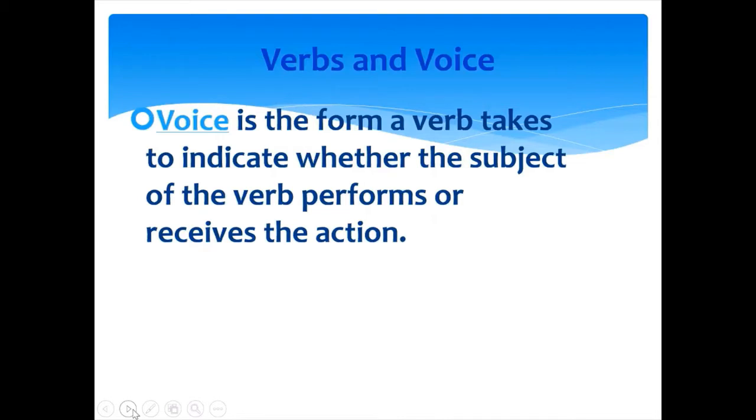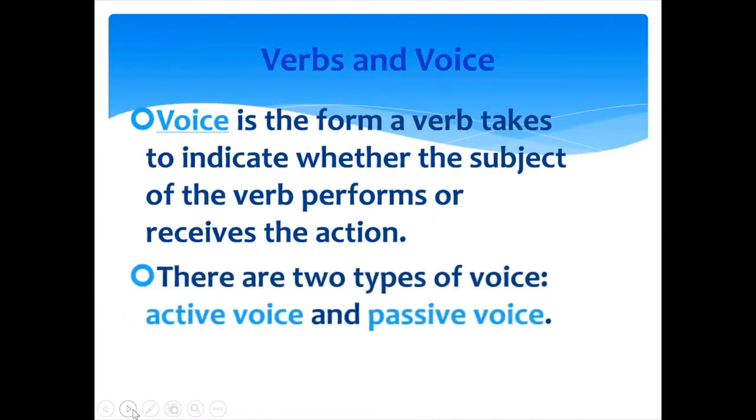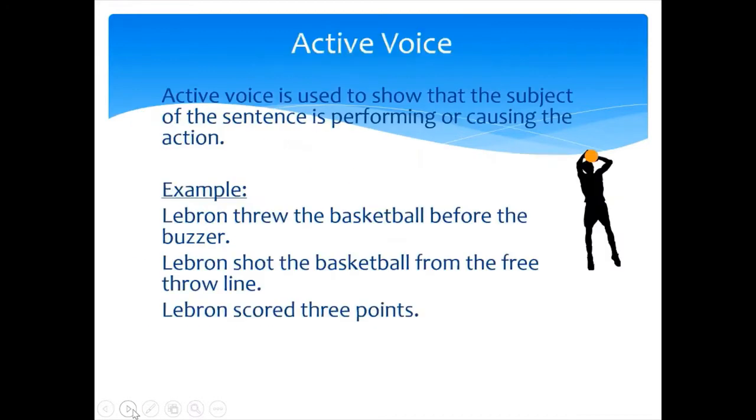That is indicated as the voice. There are two types of voice we have been talking about, active and passive voice. Active voice is used to show the subject of the sentence is performing or causing the action. Previously, we have discussed this.